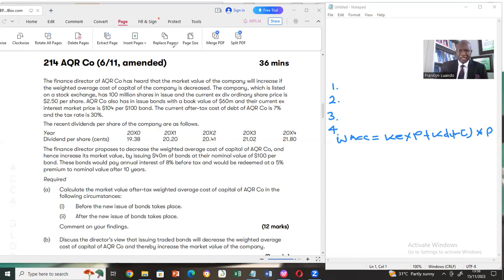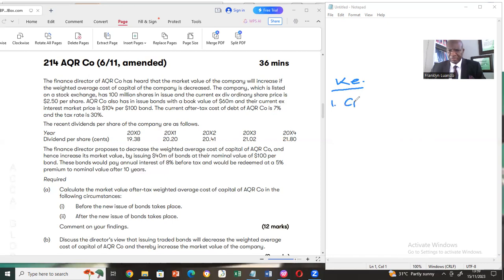So I'm going to explain how you calculate the cost of equity. Cost of equity, there are two methods available. We have one, CAPM. CAPM simply means the capital asset pricing model.